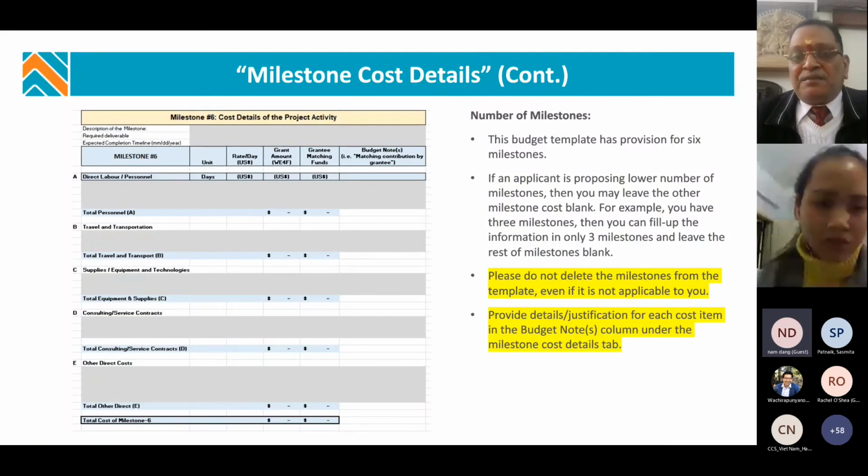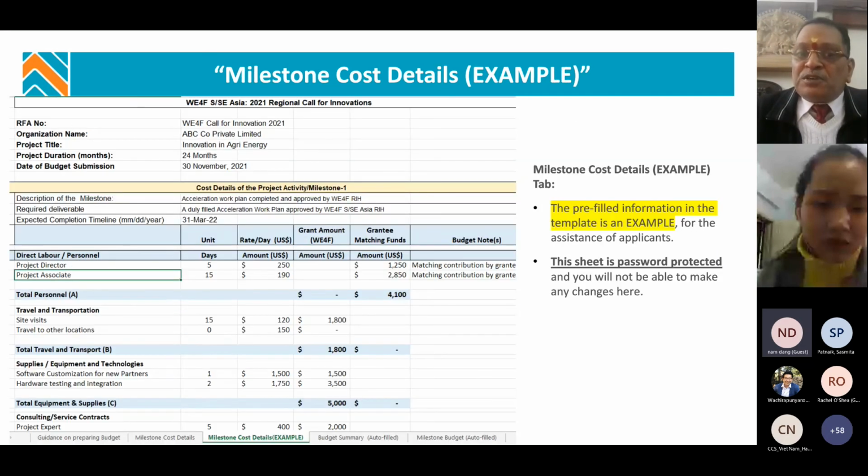Please do not delete the rest of the milestones. Once you delete, the autofilled sheets will be impacted. So that is why please do not delete anything in this template.